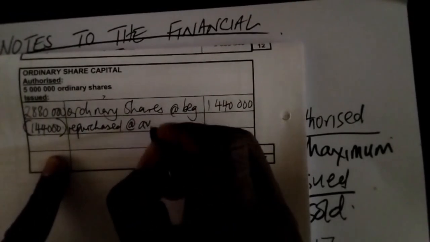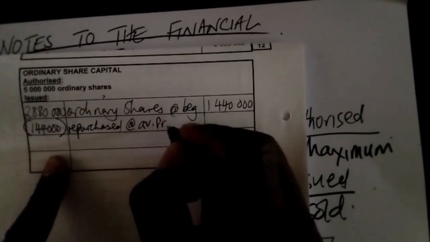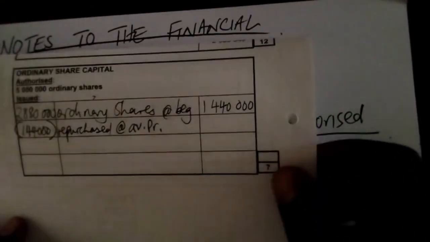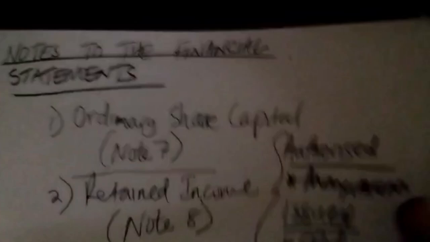at average price. This becomes a very critical component which I need to explain now. Whenever you are given a buyback, I always say that people must develop a fork for your buyback. On the tip end of the fork, you must have your buyback price.